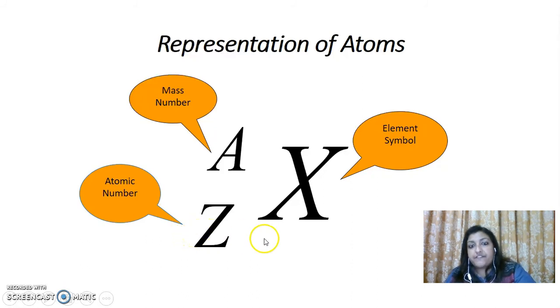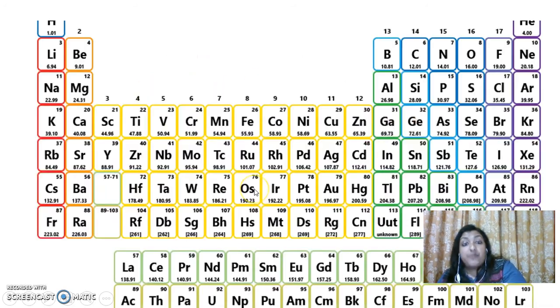For example, if it's sodium, the atomic number would be 11 and the mass number would be 23. You can see over here the atomic number given is 11 and the atomic mass is 22.9, which is rounded to 23.